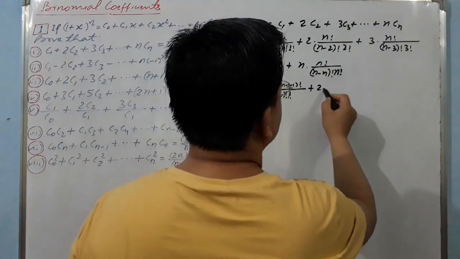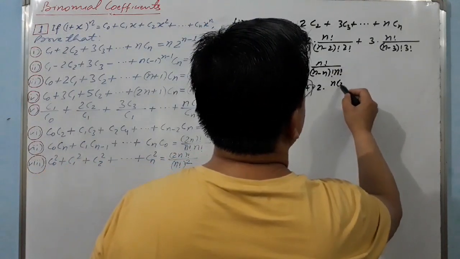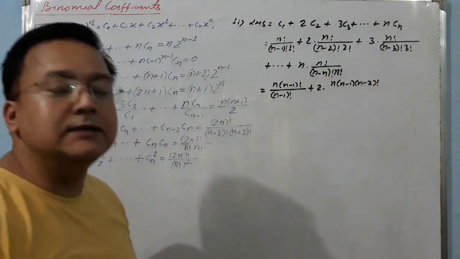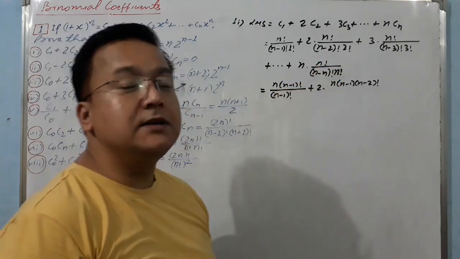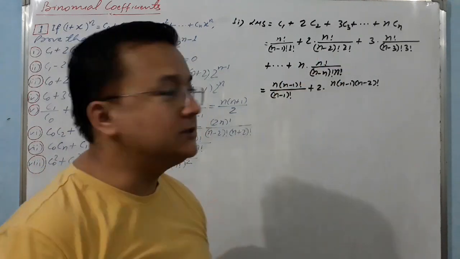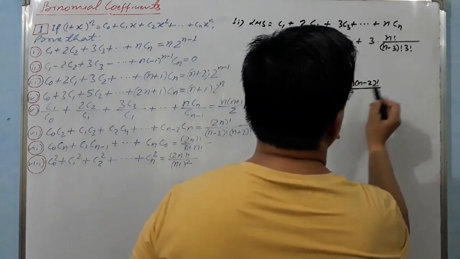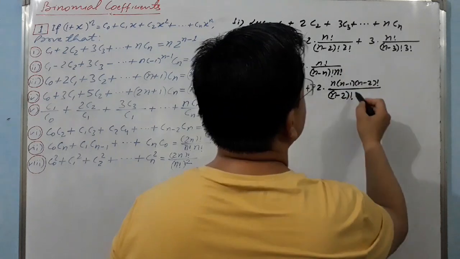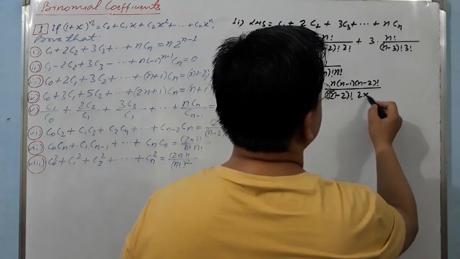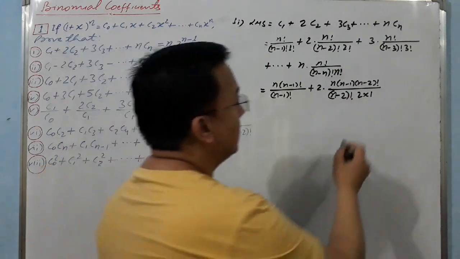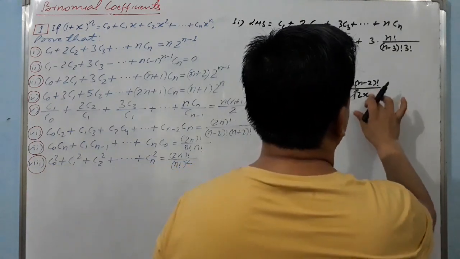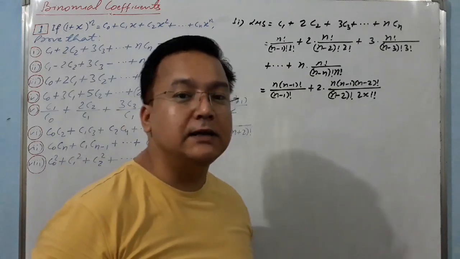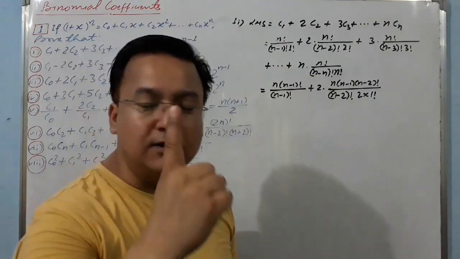Plus 2 times n times n minus 1 times n minus 2 factorial, because in the denominator we have n minus 2 factorial, right? Over n minus 2 factorial and 2 factorial. Here 1 factorial, or simply 1, as we know 1 factorial is equal to 1.